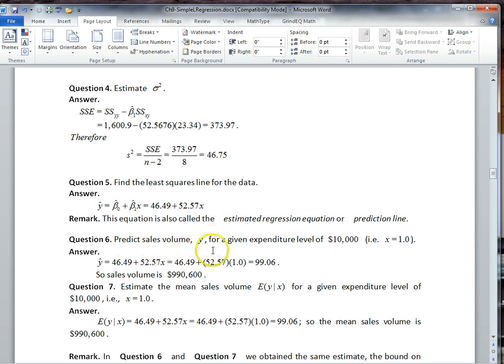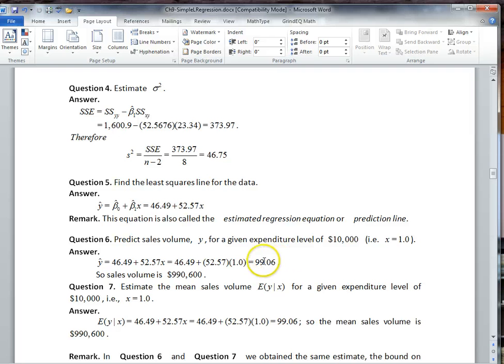So predict the sales volume y for a given expenditure level of $10,000. Of course, in here everything is in tens of thousands, so that means x equals 1. If I substitute x equals 1 in the equation, I get y hat equals this plus this x, and I replace x by 1 and add up, so that's 99.06.